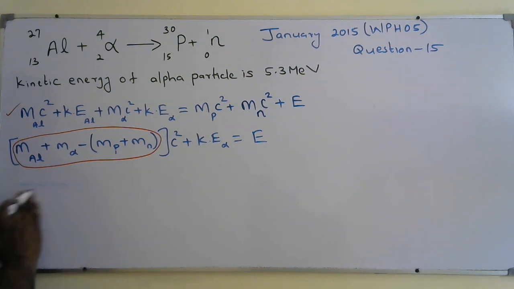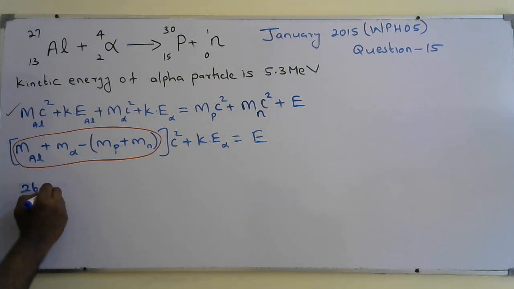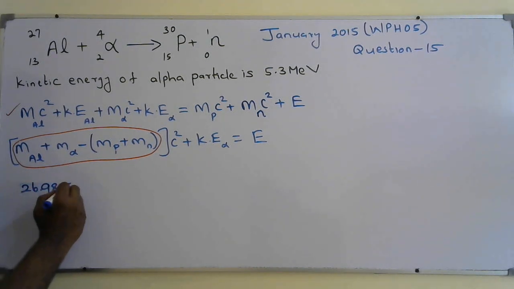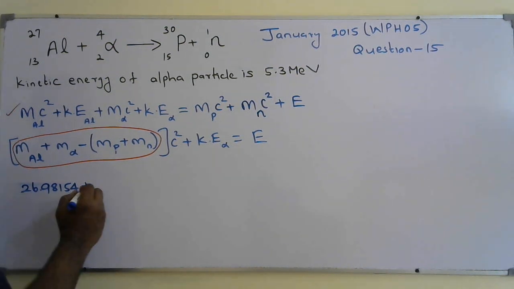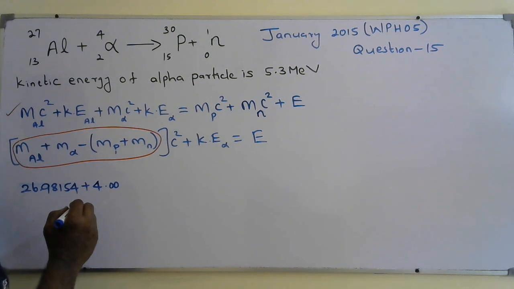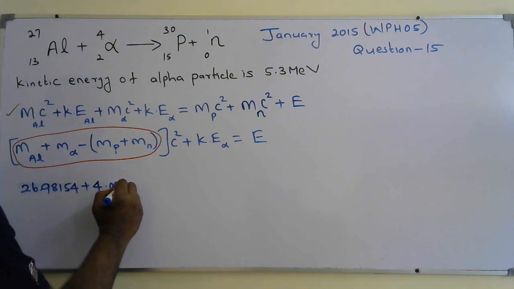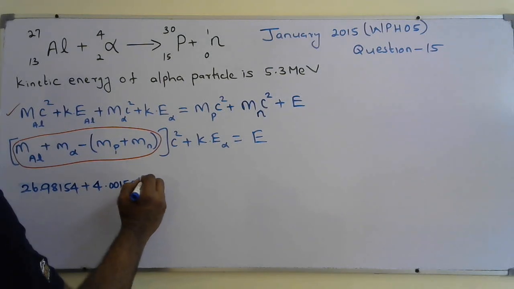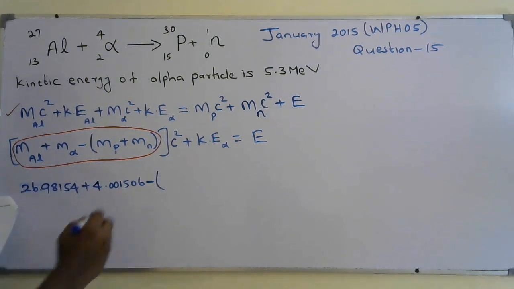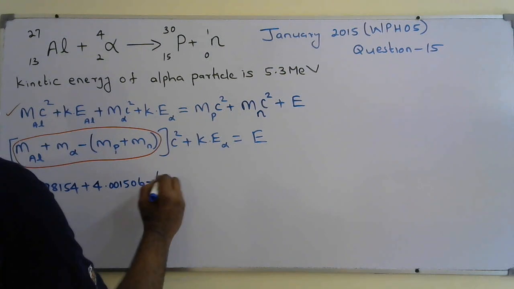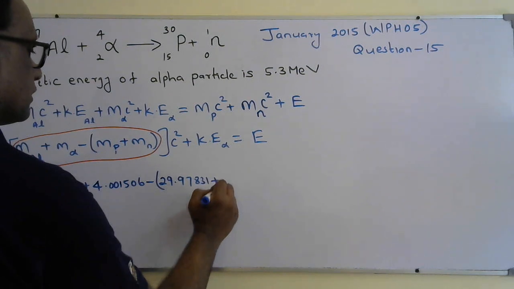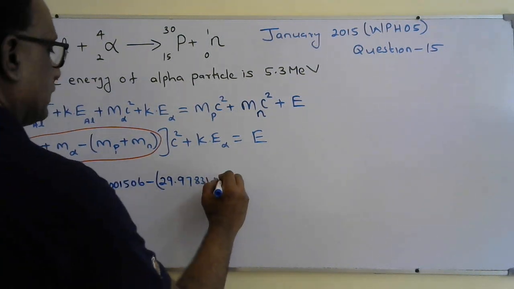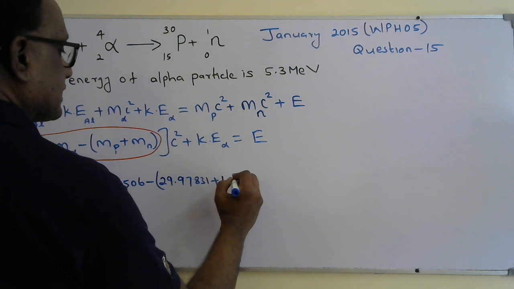Sorry, mass of aluminium is 26.98154, plus mass of the alpha particle, that is 4.001506, minus mass of the phosphorus, 29.97831, mass of the neutron, 1.008665.